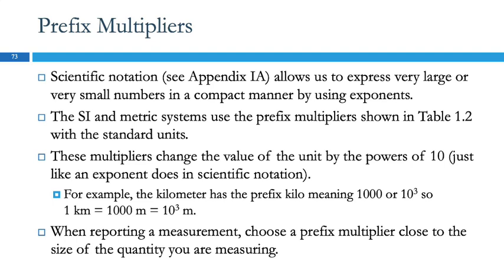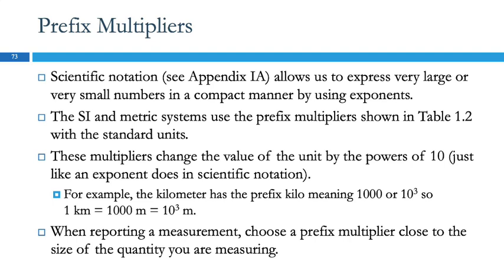The SI and metric systems use the same idea with their units. We can't just have one unit for length, right? So inch is a unit of length. Why don't we measure the distance between Fresno and Sacramento in inches? It'd be a huge number, right? What do we use instead? Miles.